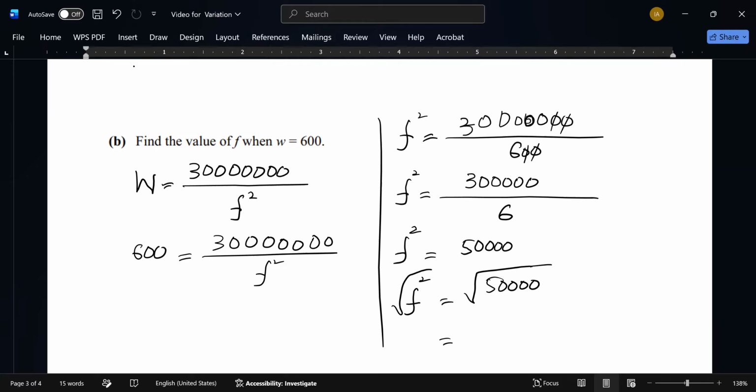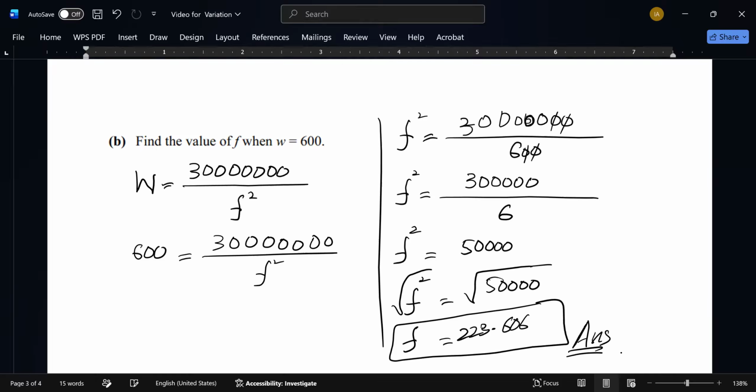What will be the answer of the square root? Okay, give me a minute. Let's check. The square root of this is 223.606. 223.606 is the frequency. This is what they ask you as a frequency. I hope you have noted down carefully.